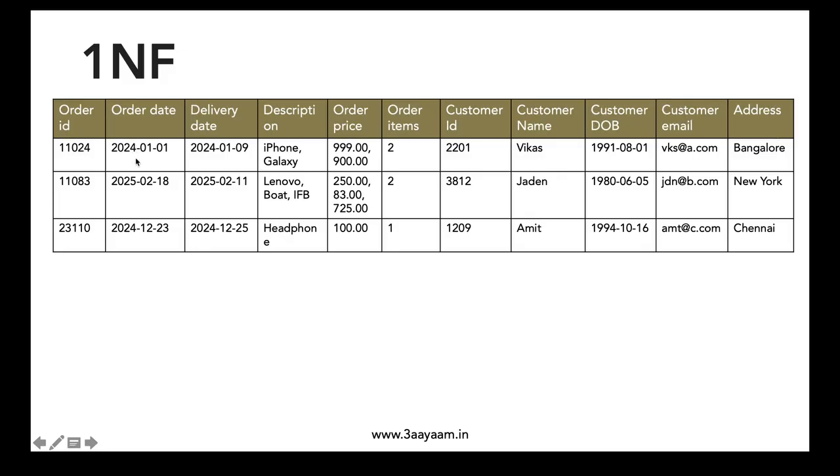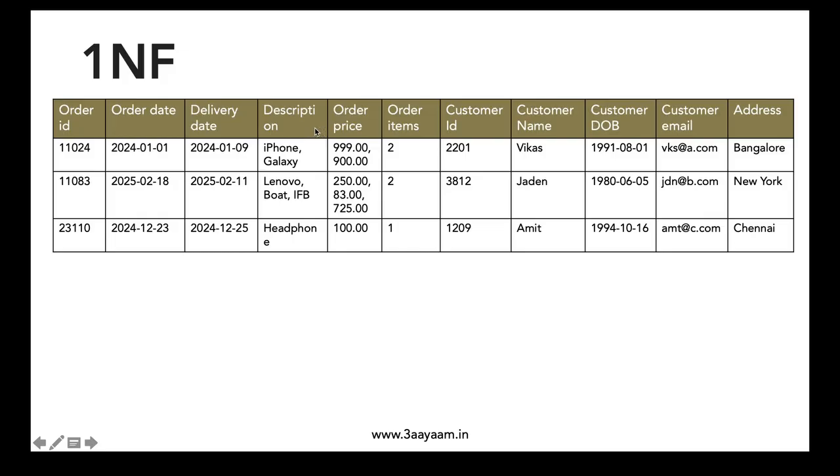If you see here, we have the order ID, the order date, and the delivery date. In the description, we have iPhone, Samsung Galaxy. In the order price, we have two prices, one for the iPhone and the other for the Samsung Galaxy. Then you have order items, the customer ID, followed by the customer details.